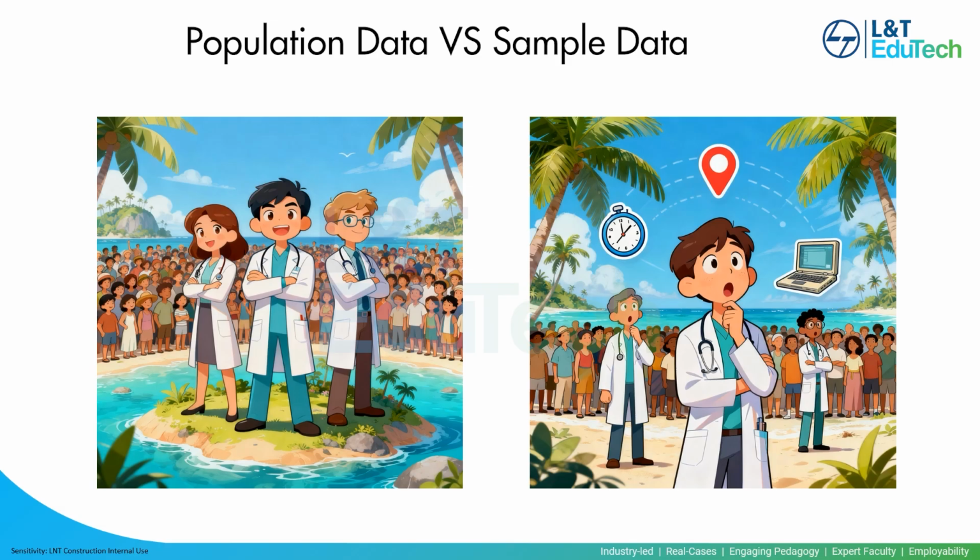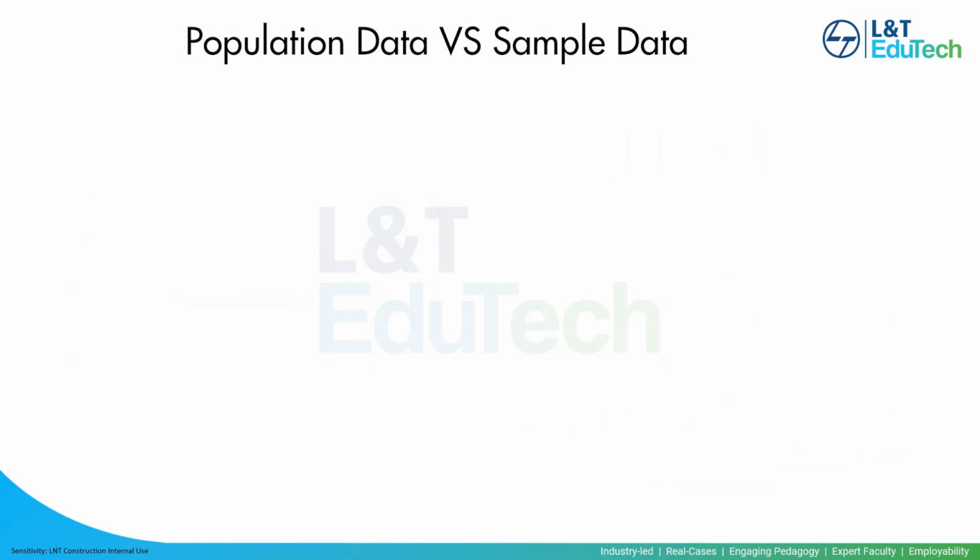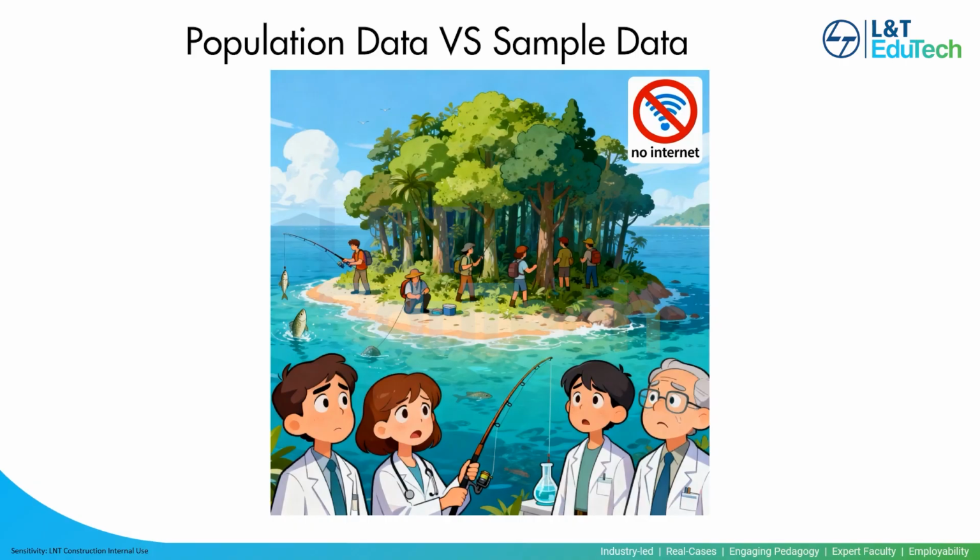There will be very limited access to technology, no internet to collect and share data quickly. Population includes everyone. It is not realistic to gather information from every individual in a place like this, where there is no internet and people are not reachable.